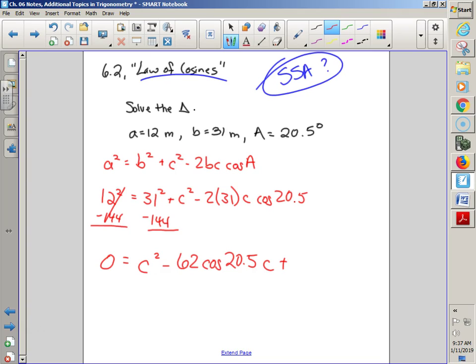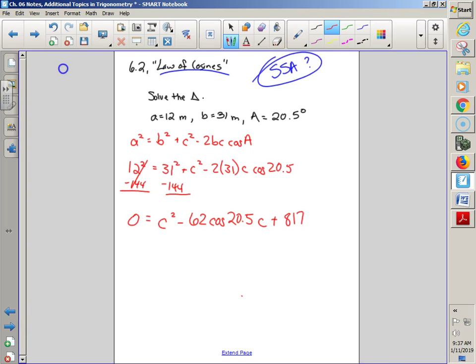Or 31 squared minus 12 squared? What's 62 times cosine of 20.5 with a few decimals? 58.0737.